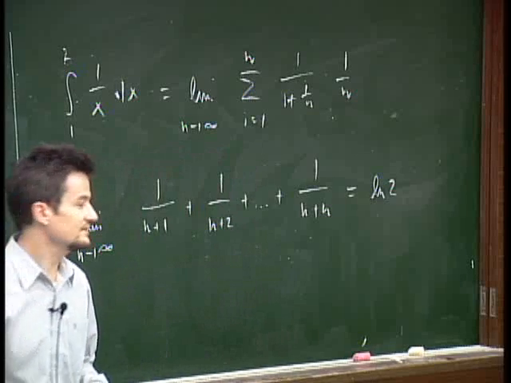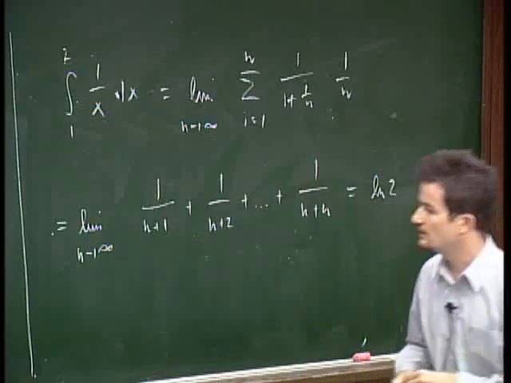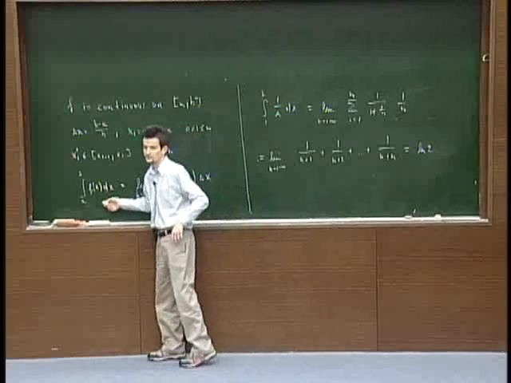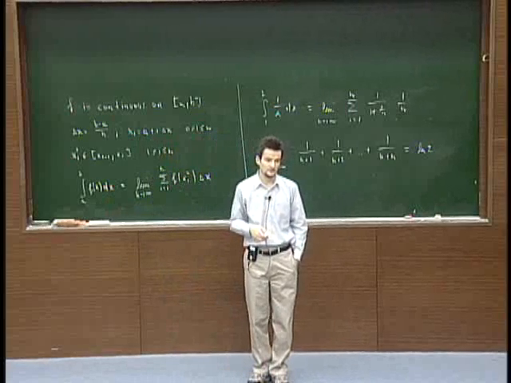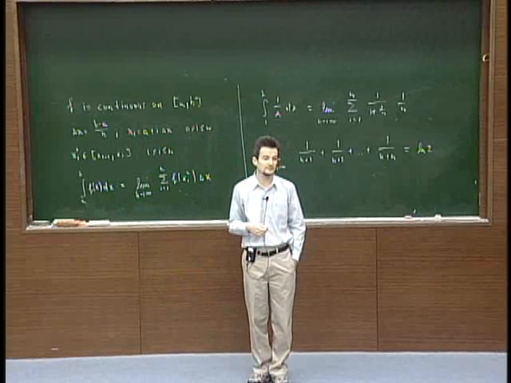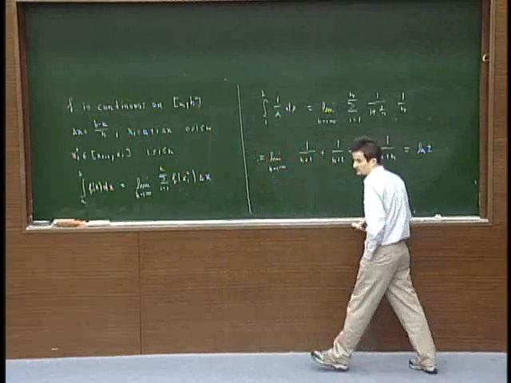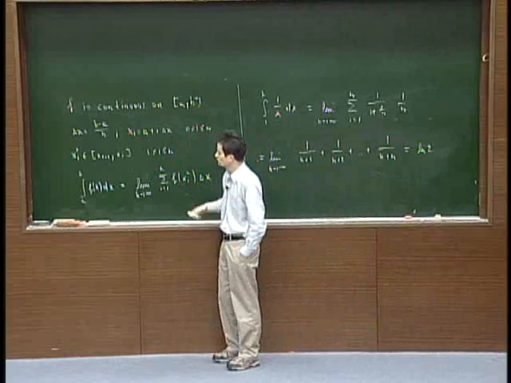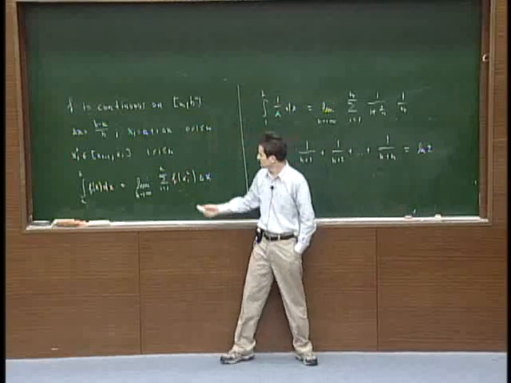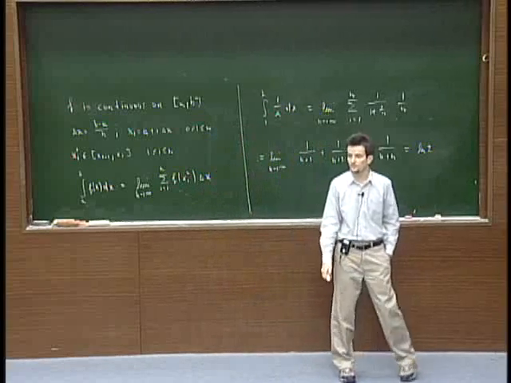So you see that even for this easy function, 1 over x, the limit in the definition of the definite integral can become rather complicated. And so you can imagine that we certainly need a better tool for evaluating such limits. Otherwise, the task of integration would be rather complicated.